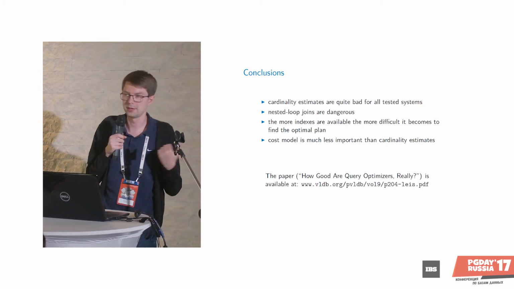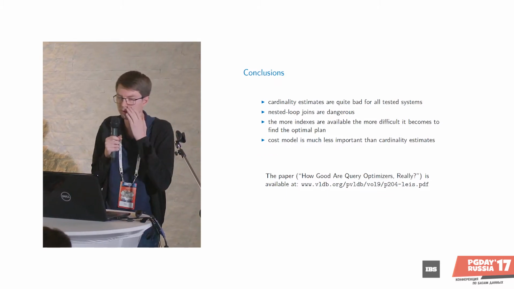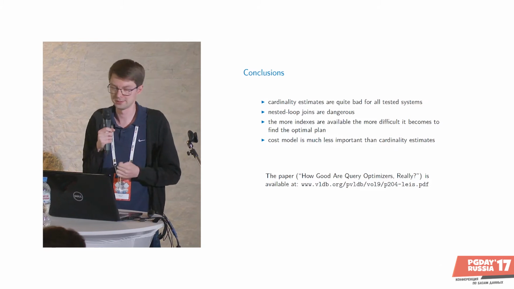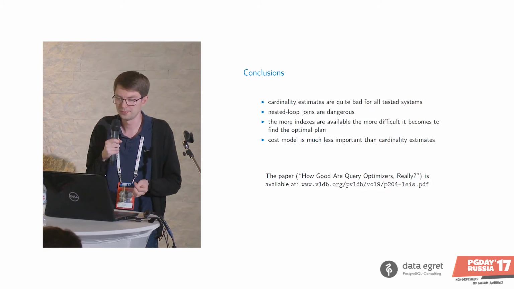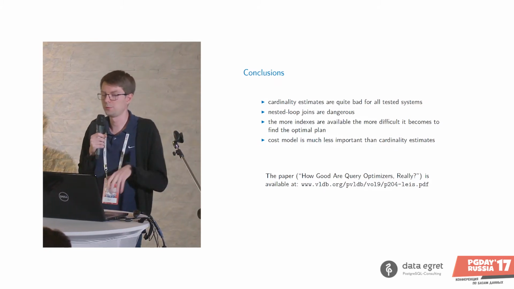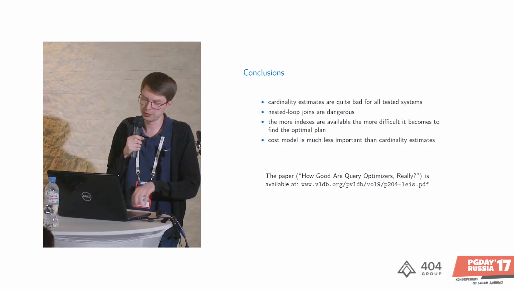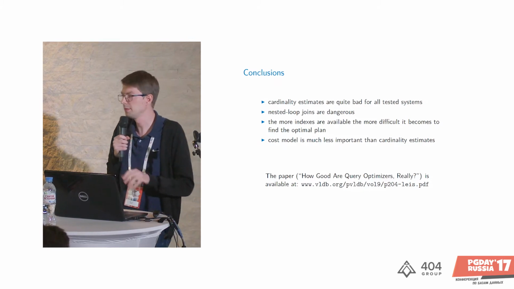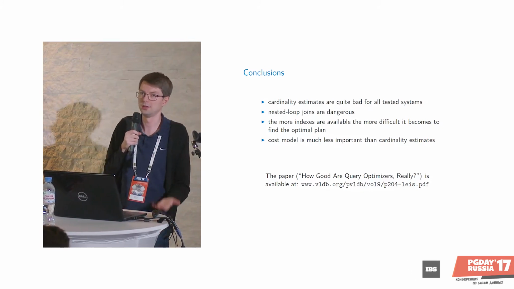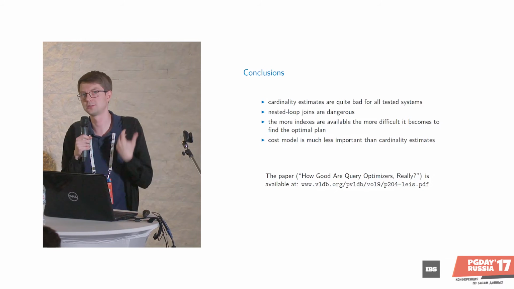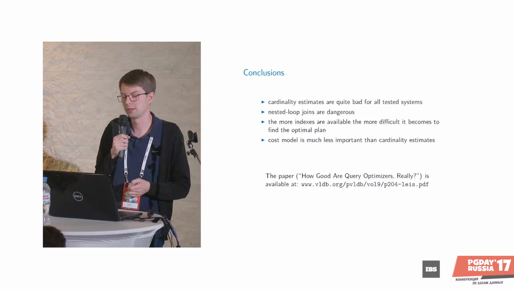Nested loop joins can be dangerous, and this seems like something that should be fixed, in my opinion. What we also saw is that if you have more indexes, it becomes more difficult to get to the optimal plan. It doesn't mean the plans get worse in terms of overall performance, it just means the job becomes harder for the optimizer.